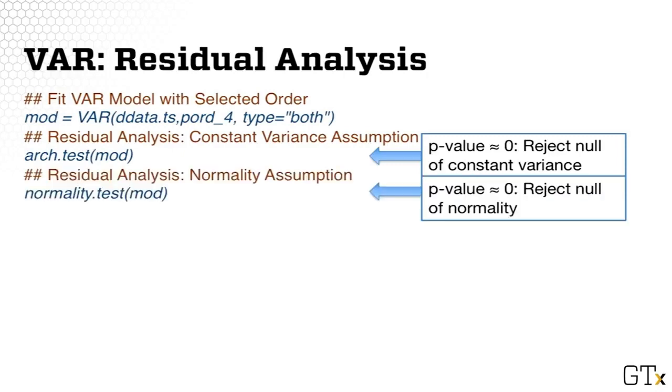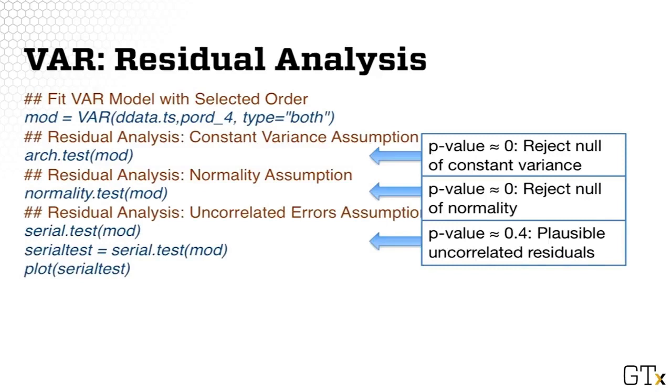The normality test is used to evaluate whether residuals are normally distributed. Since the p-value is approximately 0, again, we reject the null hypothesis of normality. Last, the serial test is used to evaluate whether the residuals are uncorrelated. Since the p-value is large, we do not reject the null hypothesis of uncorrelated residuals.